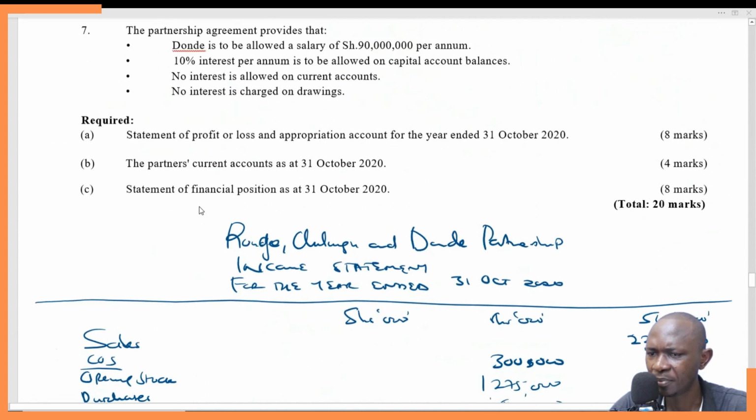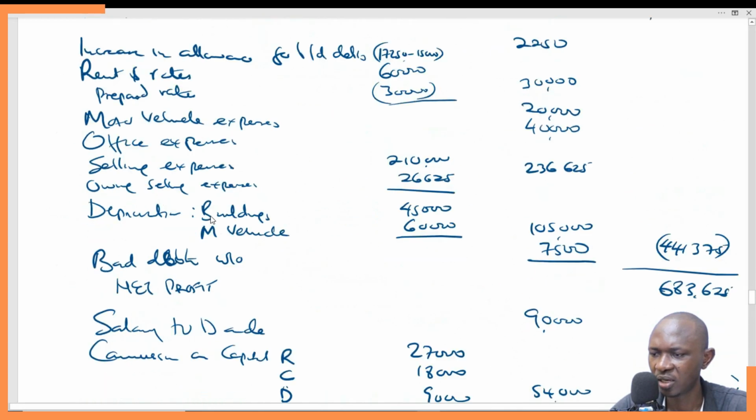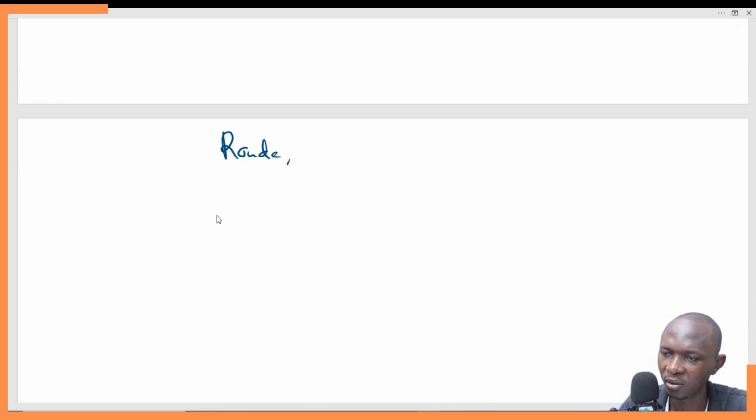So let's go to the third part and the last one, statement of financial position as at 31st October. Statement of financial position. So we'll start it from here. This is again Ronde. I don't know if I've gotten the name right. Chilungu and Donde.